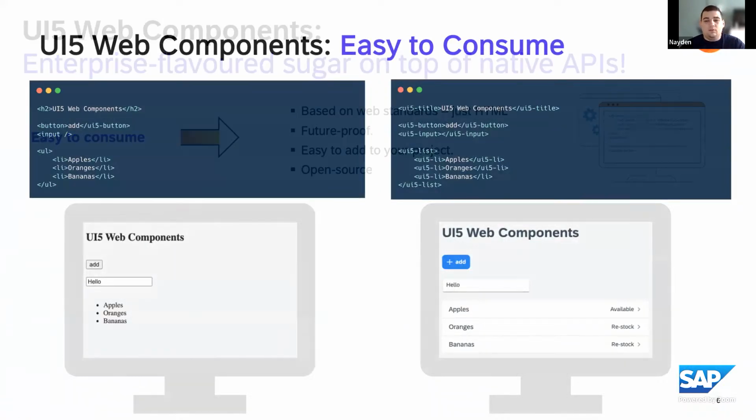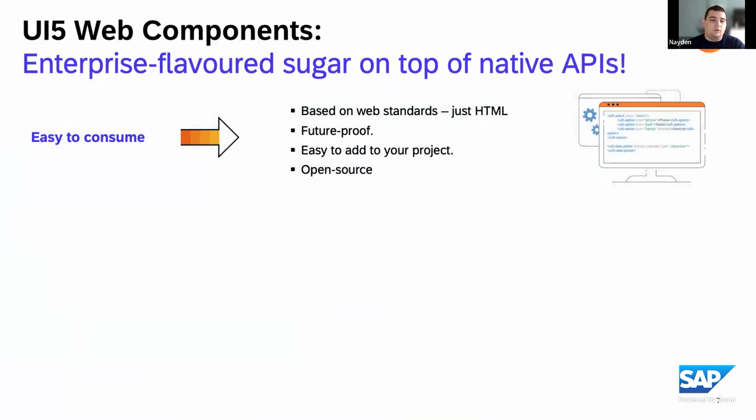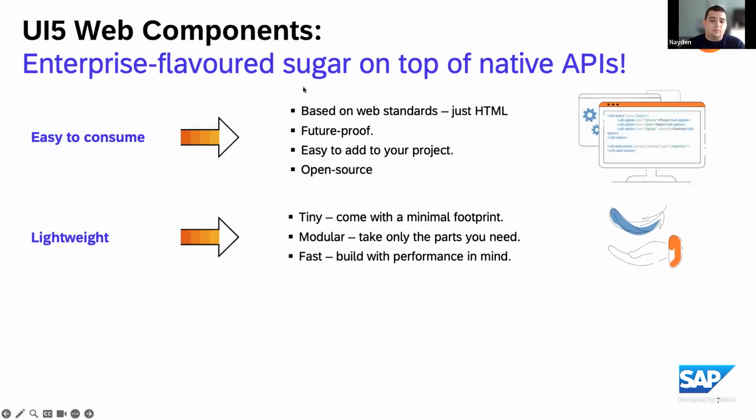All these components are implemented with performance in mind, which means that they will not affect your application size or your performance. Also, they're modular, which means that you can use only what you need from the library.